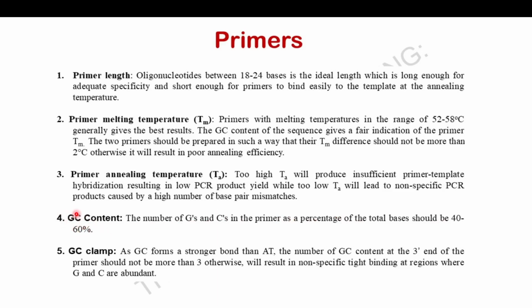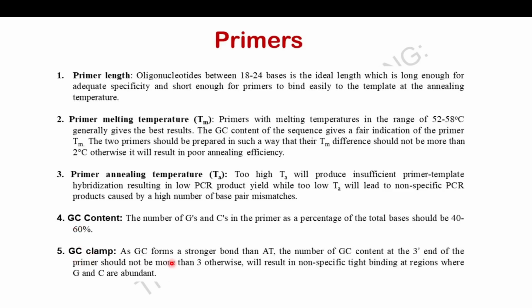It should be an ideal amount, because GC forms three hydrogen bonds, a little stronger bond. If the content is too high, the primers will stay attached to the template strand, and if it is too low, it might not give that much stringency in annealing to the template strand.